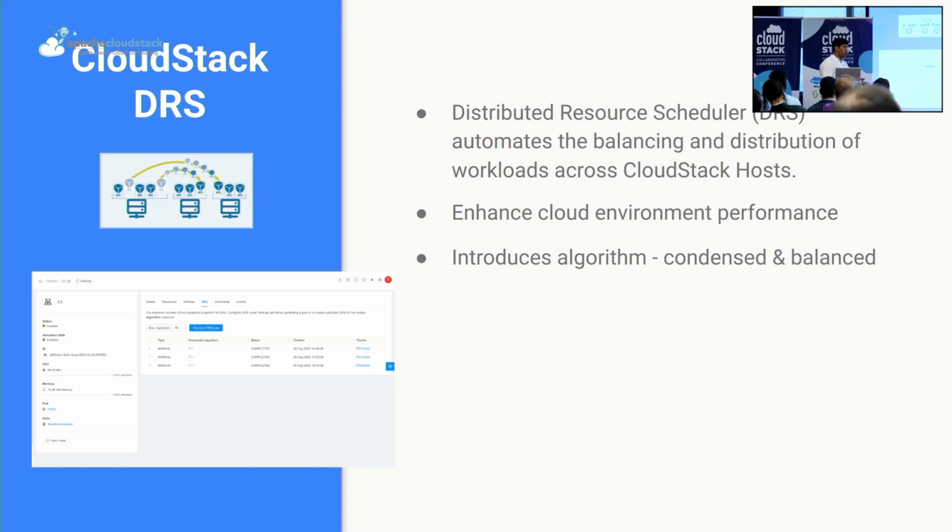I guess Vishesh will be doing a talk tomorrow on this to explain it in more detail. But in brief, there are, I guess, two algorithms, condensed and balanced, where condensed ensures all workloads use a minimum of hypervisors and things like that.